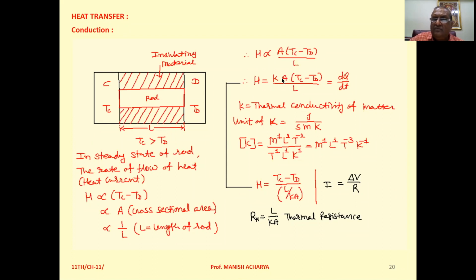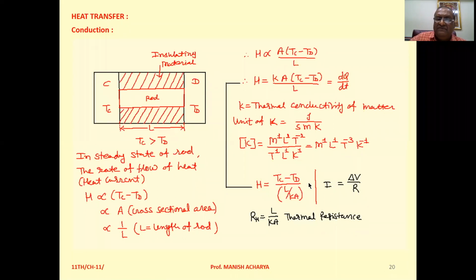This KA in the numerator is written in the denominator. The numerator is the temperature difference, and H is the heat current, so the temperature difference is divided by this particular term and you get heat current.